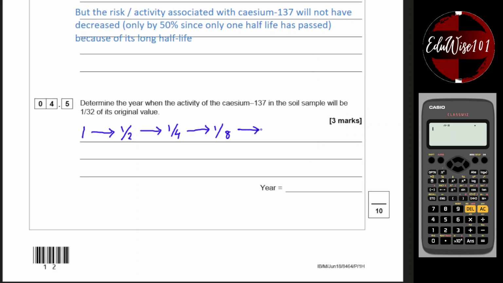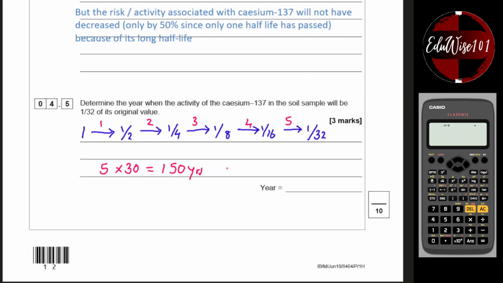And then 1/16, and then 1/32. So how many half-lives have passed? 1, 2, 3, 4, 5 half-lives have passed. So 5 times 30, which is 1 half-life, is equal to 150 years.